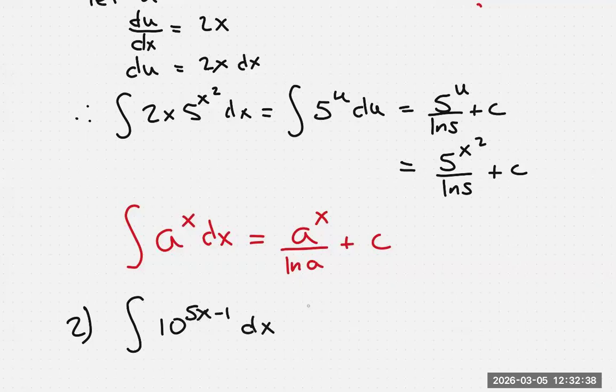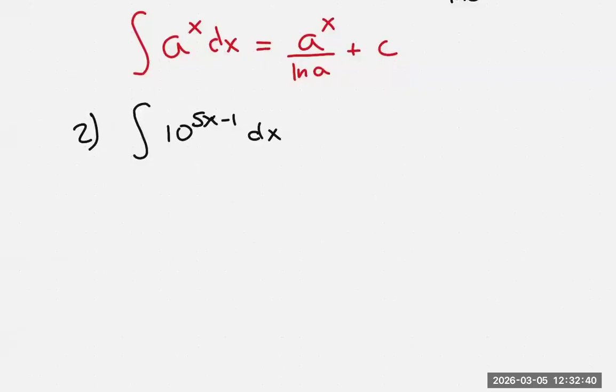It might not be so obvious right away, but generally when you're doing these type of questions, the derivative of the thing up here is going to be multiplied right here as some multiple of it. When you differentiate 5x minus 1, what do you get? 5. So you can see that it's just a multiple of this number right here, 1/5 of it. So let u be equal to 5x minus 1.